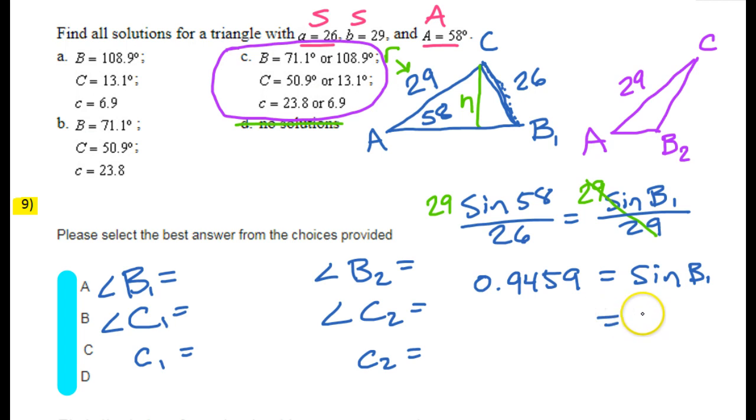So if I want to find angle B1, I need to do the inverse sine of this. So this will be the inverse sine of 0.9459.